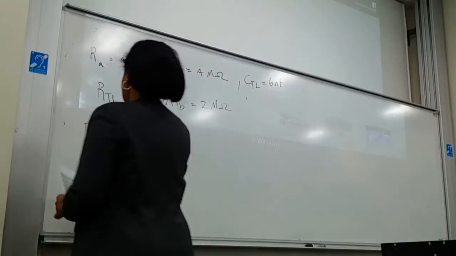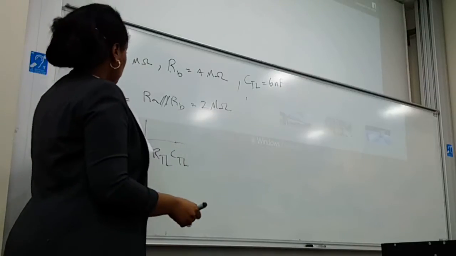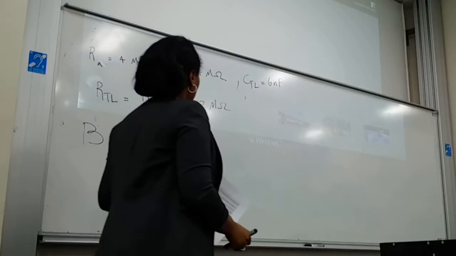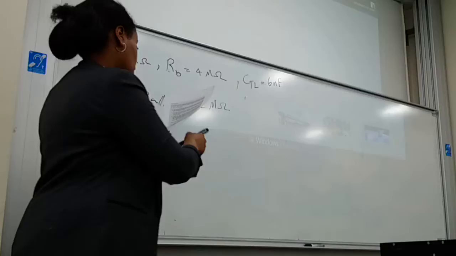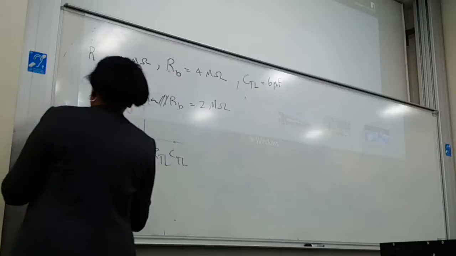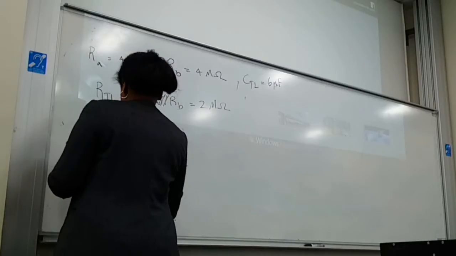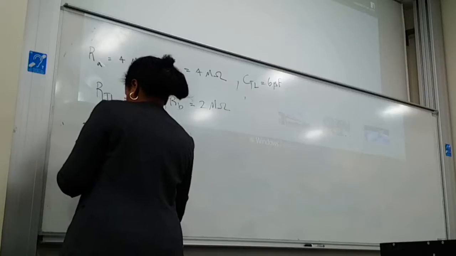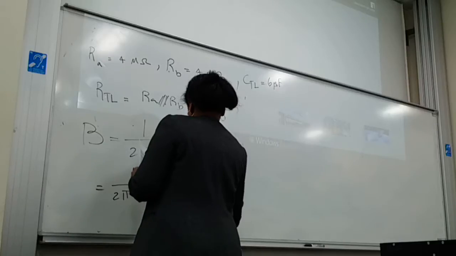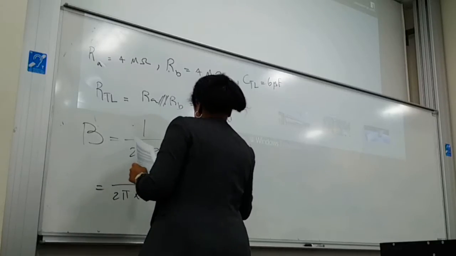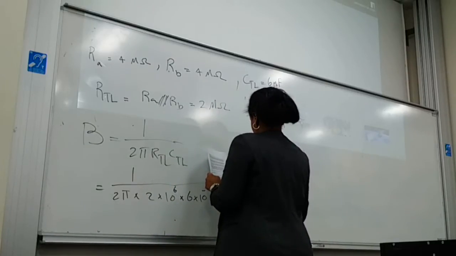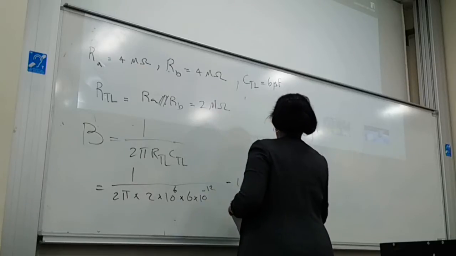Okay? So this is how we define the bandwidth. Our R_total is RB in parallel with RA, and the total capacitance was given as 6 picofarad. So we just substitute the values, and you will get 13.3 kilohertz.